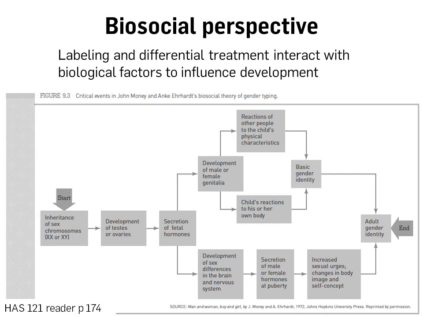So their inborn tendencies act in certain ways that are associated with being born male or female. So, this theory suggests that labeling and differential treatment influence gender development, but it's also about the biological factors. So this one really is a theory that combines the influence of nature and the influence of nurture.